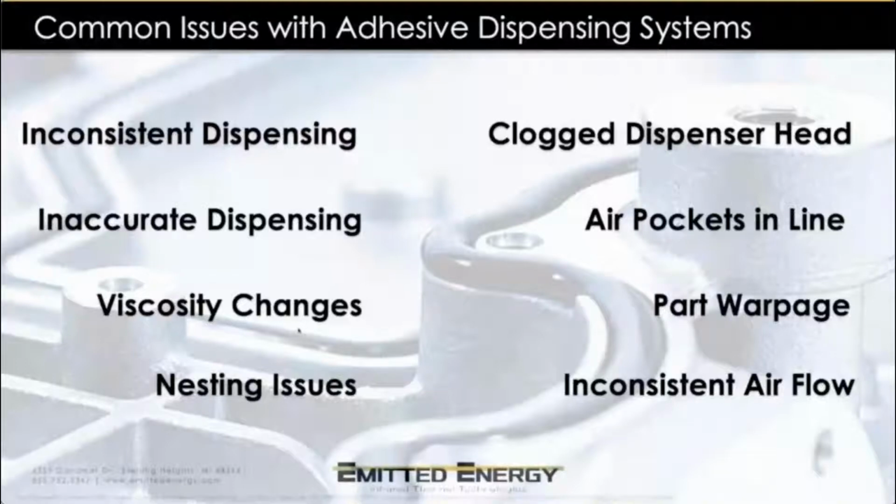Now, one of the more uncommon, I know I put this on the common issues, but they ended up being common, that people really don't think about is part warpage. We've been at customer sites where you have a plastic part, let's say, and it's coming out from an injection molding system, and there may be some issues with that upstream assembly process or processing equipment.